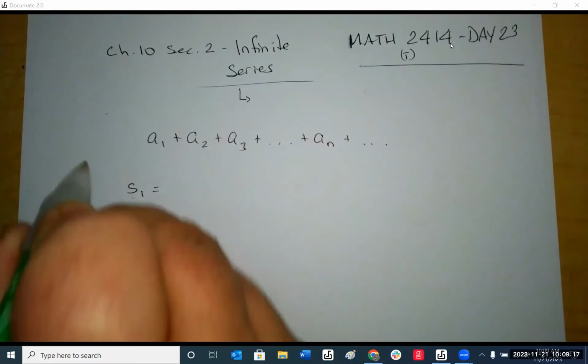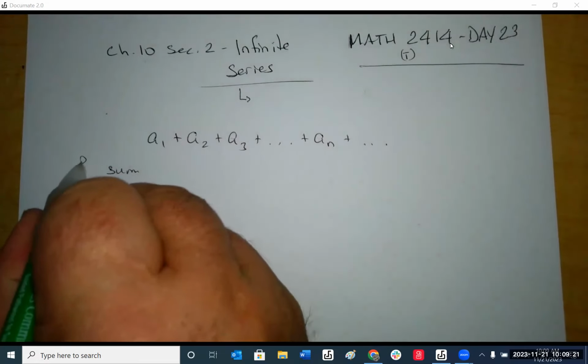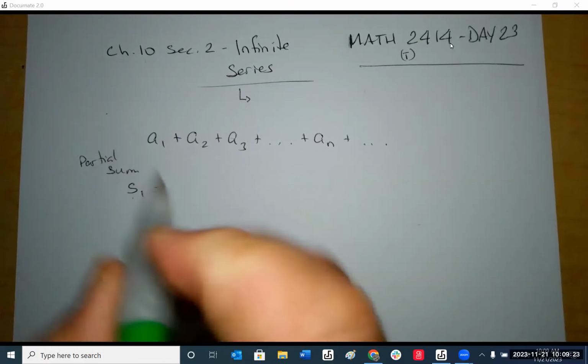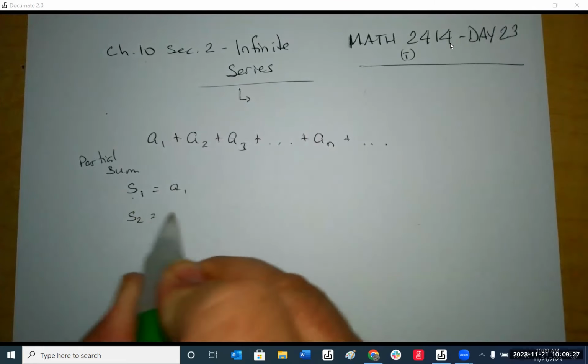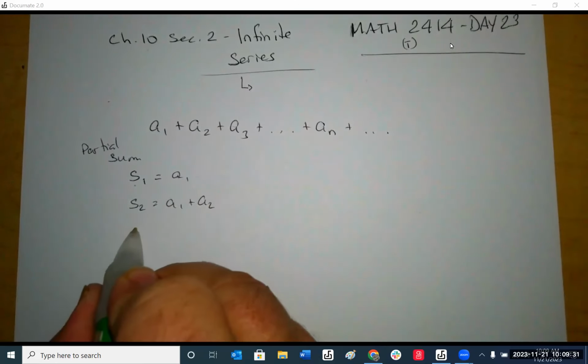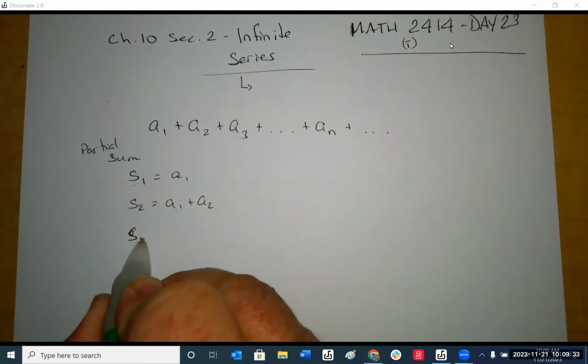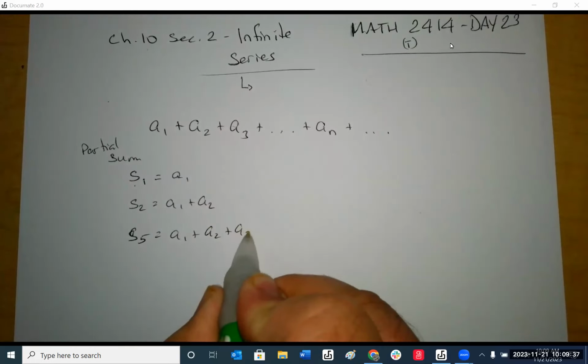Now, since these are our elements, our sequence of numbers, the sum, which is the partial sum, of S1 is just A1, of S2 is A1 plus A2, S3 is A1 plus A2 plus A3.